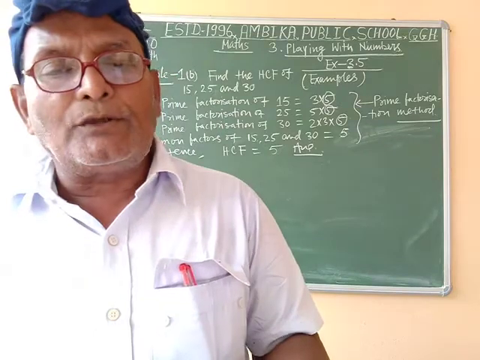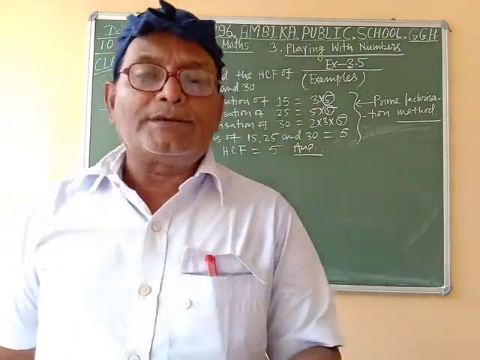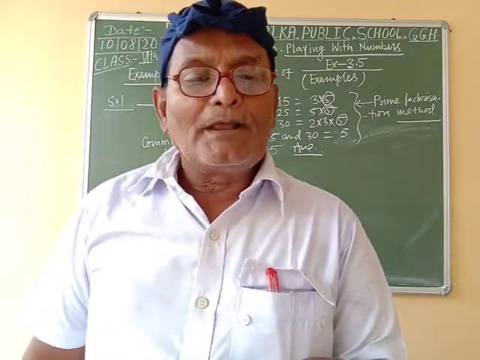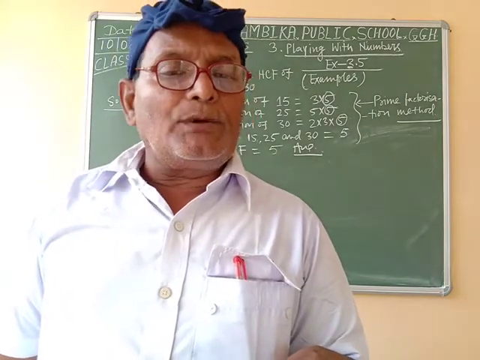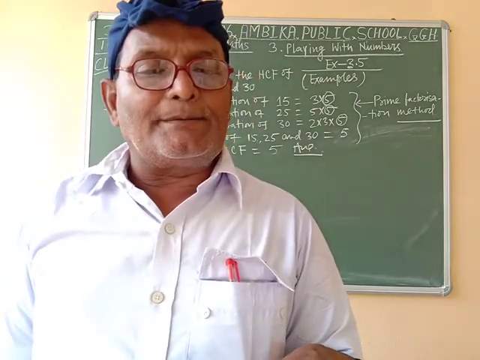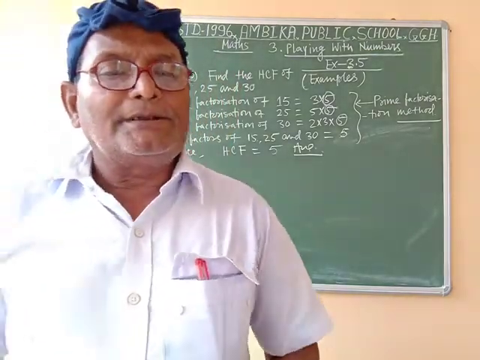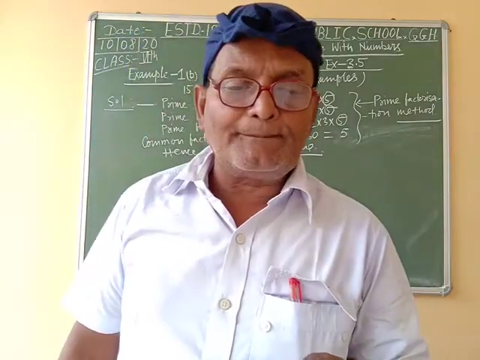And prime factorization of 1079 is equal to 1079 into 1. We see that 101, 573 and 1079 have no common factor. Therefore, their HCF will be 1. So it is a very easy question.